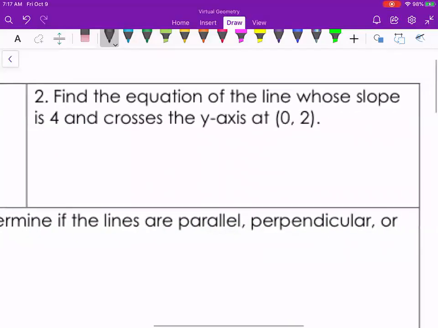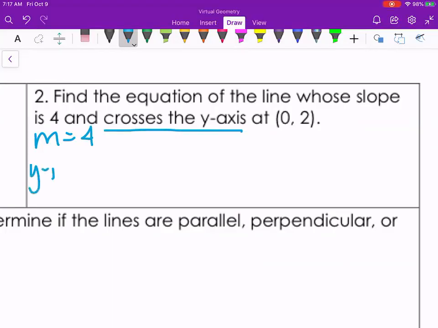All right, let's come over to the next one. Find the equation of a line whose slope is 4. So right now we have a slope that is 4. And it says it crosses the y-axis, so that's your y-intercept at 0, 2. That means that 2 is our b number.